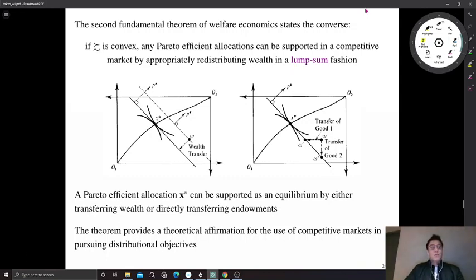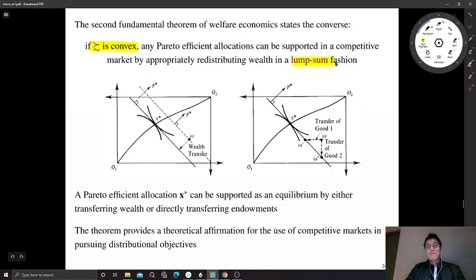We need the consumers' preference relation to be convex, meaning that indifference curves are convex toward the origin, so it looks like this. If preferences are convex, any Pareto efficient allocation can be achieved by a competitive market by appropriately redistributing wealth in a lump sum fashion.